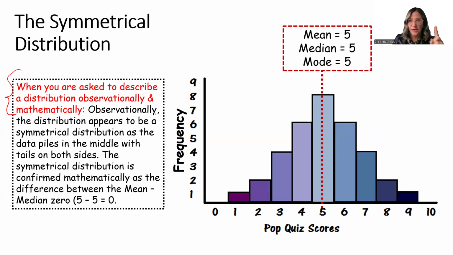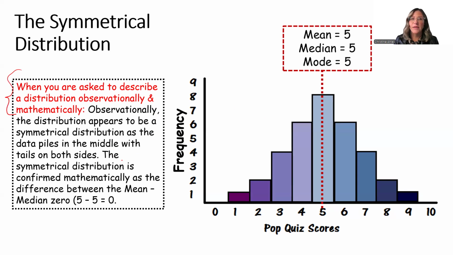Observationally, the distribution appears to be symmetrical as the data piles in the middle with tails on both sides. Then you take the mathematical calculation and confirm whether that observation is accurate.